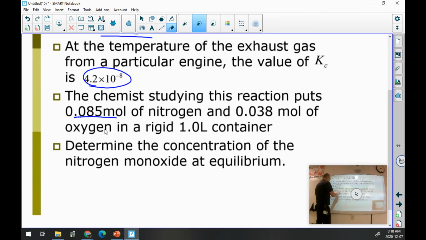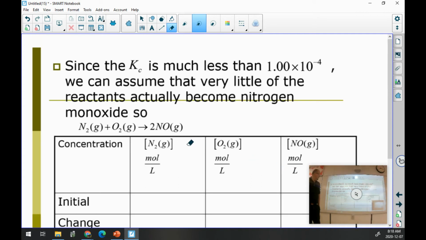We put 0.085 moles of nitrogen and 0.038 moles of oxygen into a rigid container. We want to know the concentration of the nitrogen monoxide at equilibrium. Well, here's our equation: 1 nitrogen plus 1 oxygen gives us 2 nitrogen monoxides.